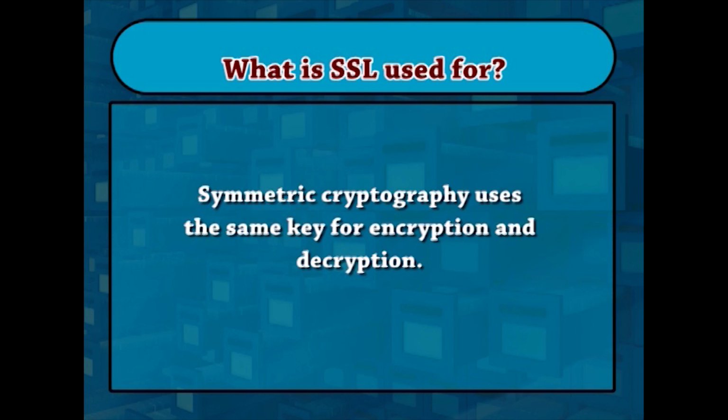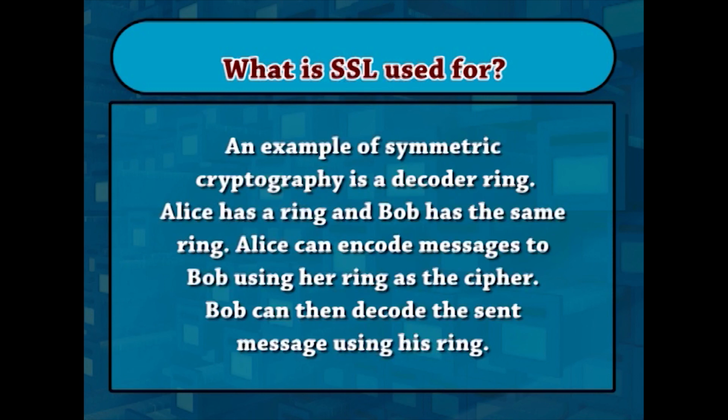Symmetric cryptography uses the same key for encryption and decryption. An example of symmetric cryptography is a decoder ring. Alice has a ring and Bob has the same ring. Alice can encode messages to Bob using her ring as the cipher. Bob can then decode the sent message using his ring.